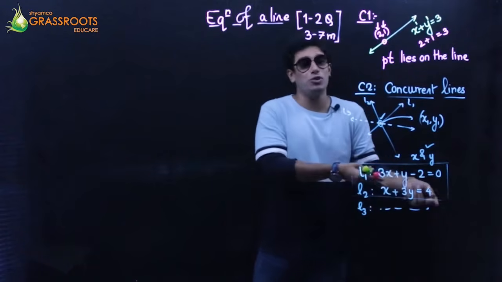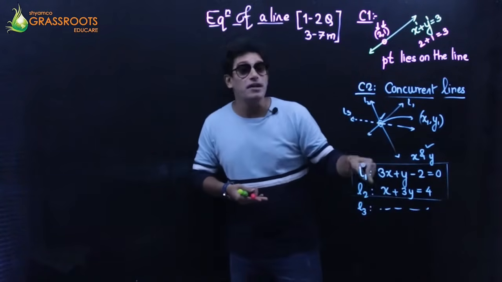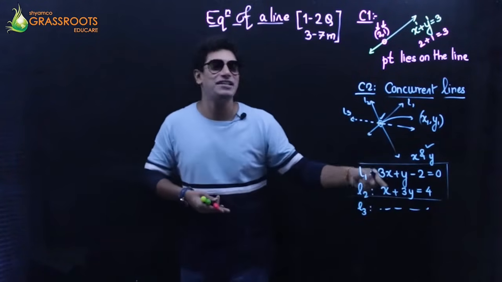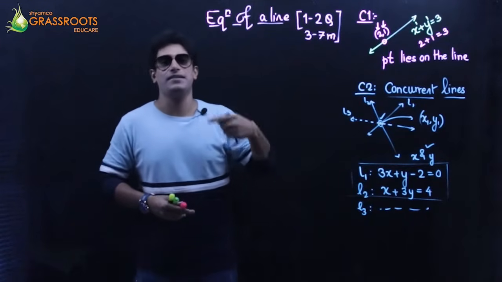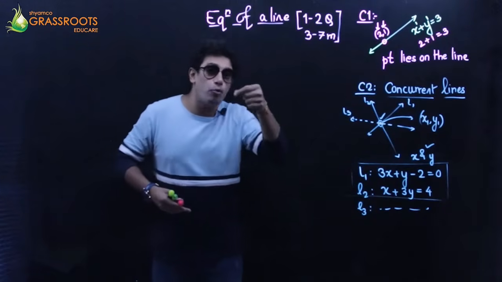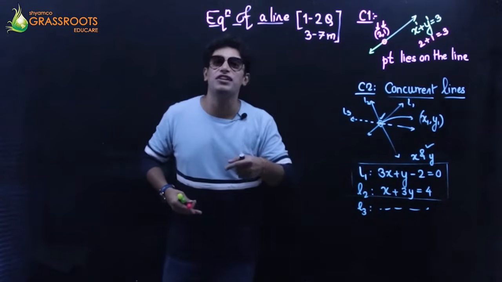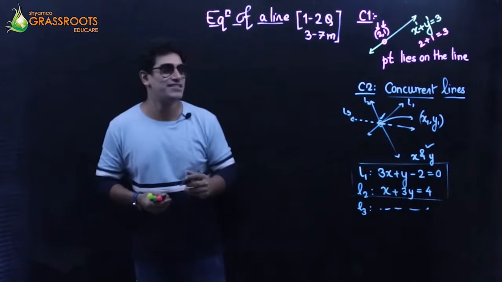If LHS is equal to RHS, that point satisfies the equation of the line. It lies on the third line also. That point is a point of intersection of all 3 lines. So I will say these lines are said to be concurrent lines.